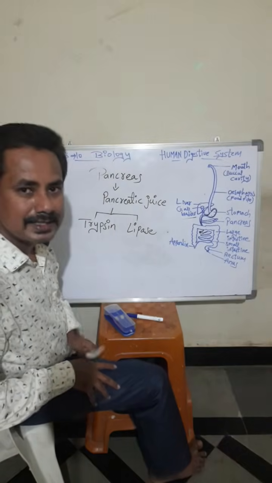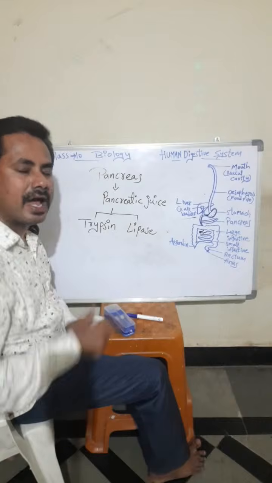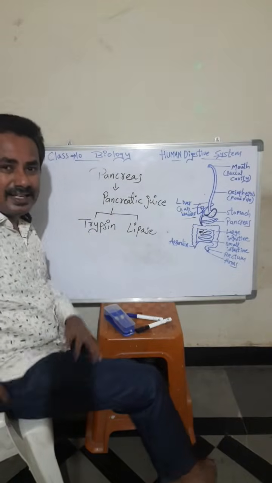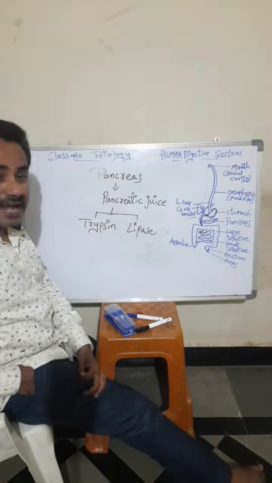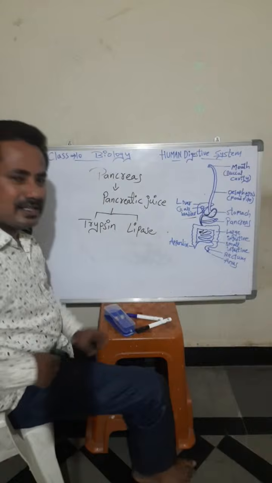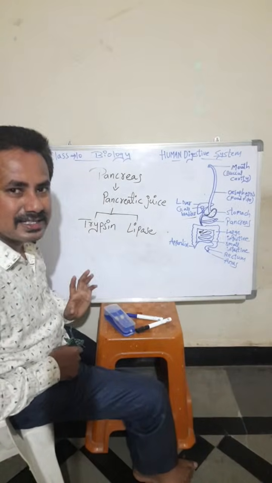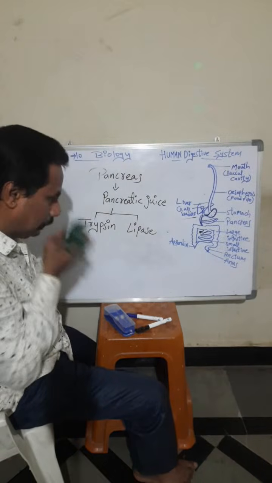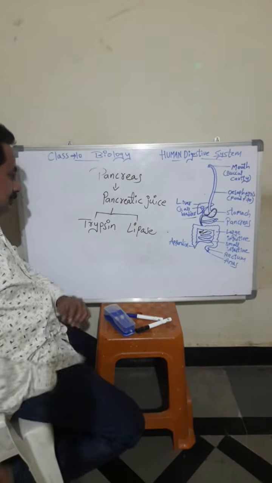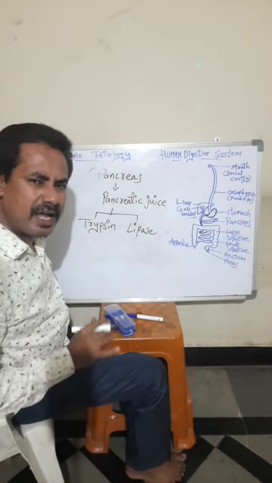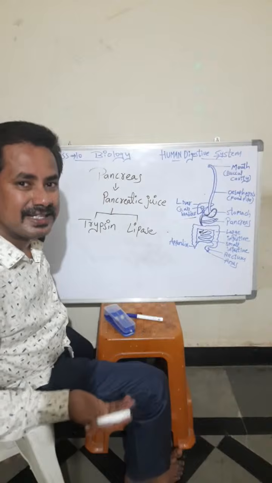Pancreatic amylase. Where have we heard amylase? Salivary amylase. Saliva contains which enzyme? Salivary amylase. In the same way, pancreatic amylase will break down the food. Trypsin, somewhere we heard like that. Pepsin in the stomach.